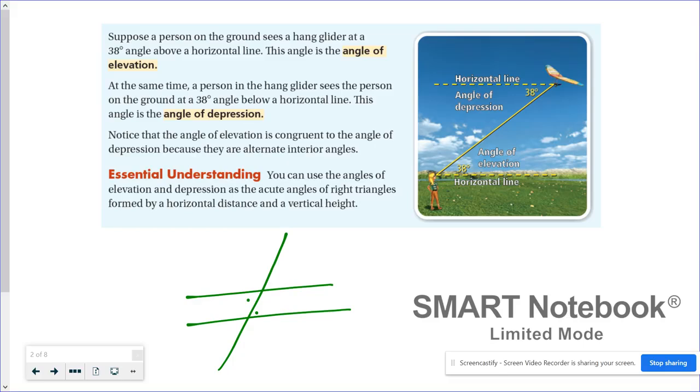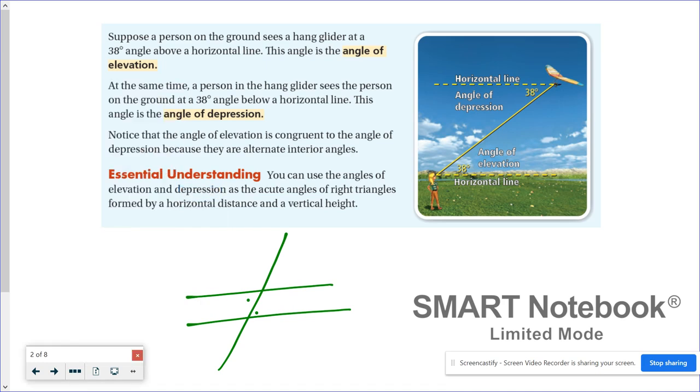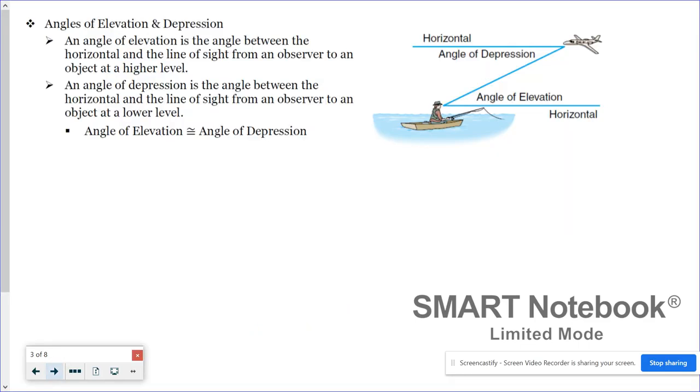So this is a good thing to know, because if you were to draw a right triangle, notice that the angle of depression is not in my right triangle, but since I know that the angle of depression is congruent to the angle of elevation, I can work with that because of that congruence.